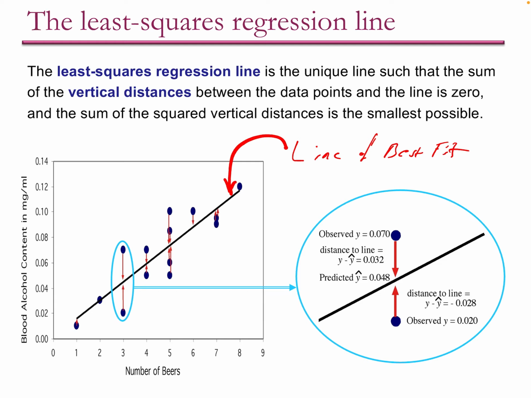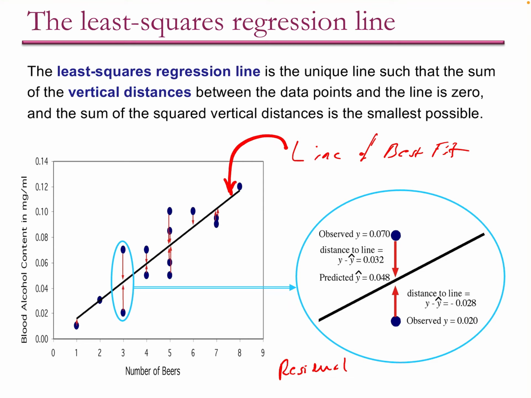The distance above or below, in other words, how far a data point is from that line, is called the residual. So what you see here is the residual for this data point. Here you see the residual for this one. This residual is positive, it's above the line of best fit. This residual is negative, it's below it.